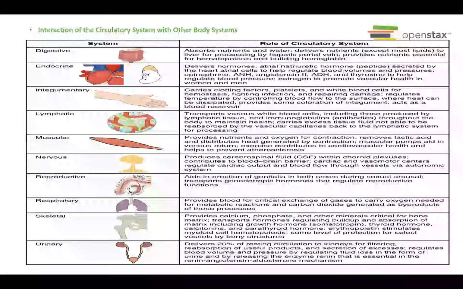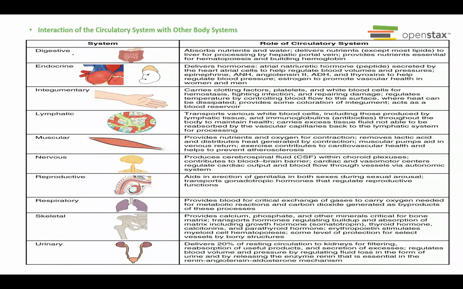This is just giving us information that circulation is really important because it carries a lot of things to the organs. For example, if we combine the cardiovascular system and the digestive system, the cardiovascular system will take the nutrients, the product of digestion in our intestine, and deliver them to other parts of the body.